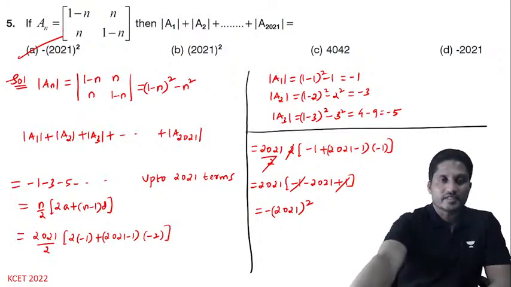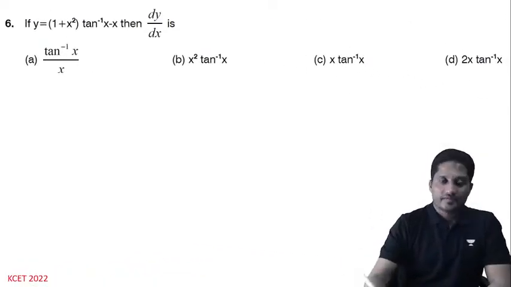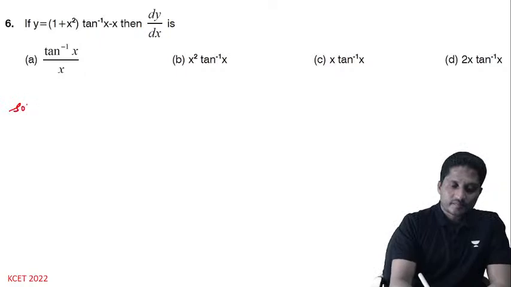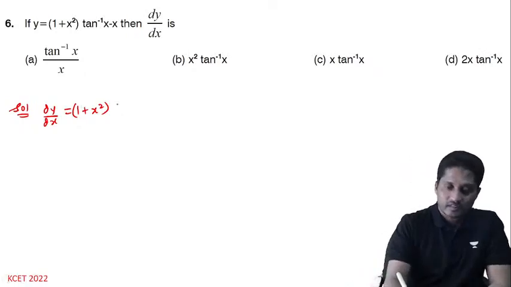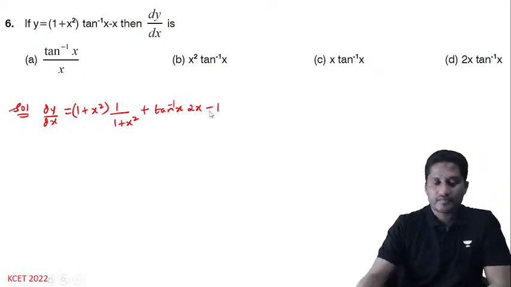Let's move to the next question, guys. If I differentiate once, dy by dx is equal to first function, 1 plus x square, times differentiation of tan inverse of x, which is 1 by 1 plus x square, plus second function, tan inverse of x, times differentiation of x square, which is 2x, minus differentiation of x, which is 1.